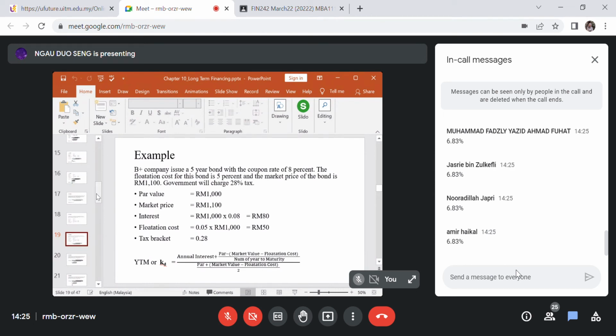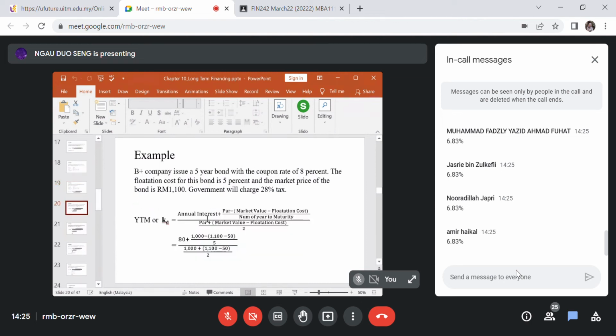Alright, so we check. We have 80 plus (1,000 minus 1,100) minus 50, divided by 5 years bond.